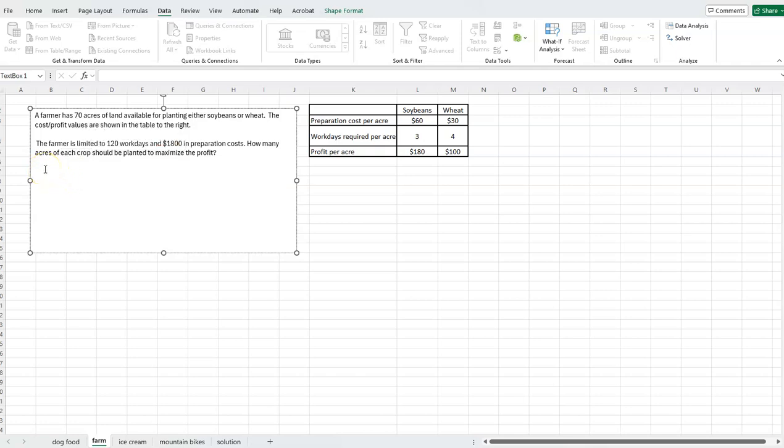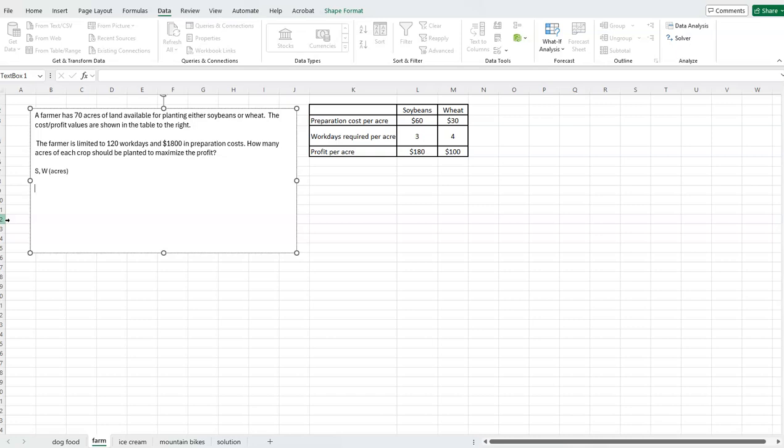So we have the number of acres planted in soybeans, and the number of acres planted in wheat. Let's just abbreviate that by using S for soybeans, and then W for wheat. And keep in mind that the unit we're talking about here is acres.